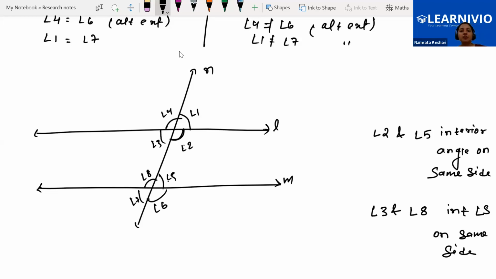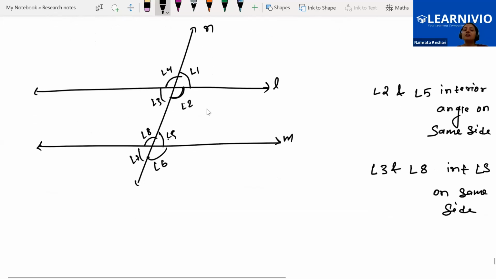So these are the pair of interior angle on same side. Now when L is parallel to M, we also call it as a co-interior angle.